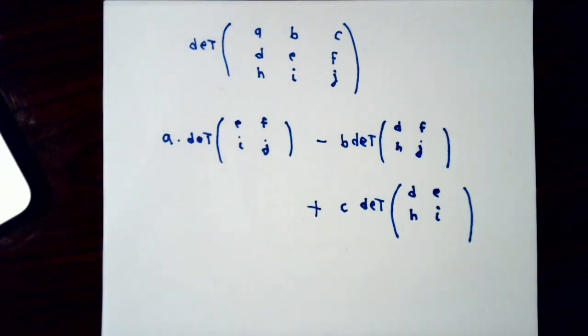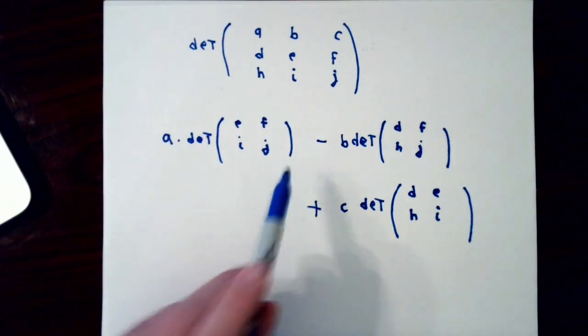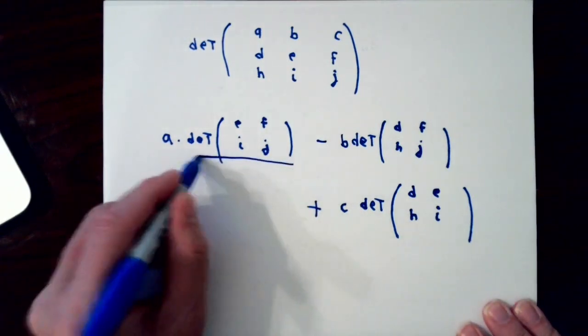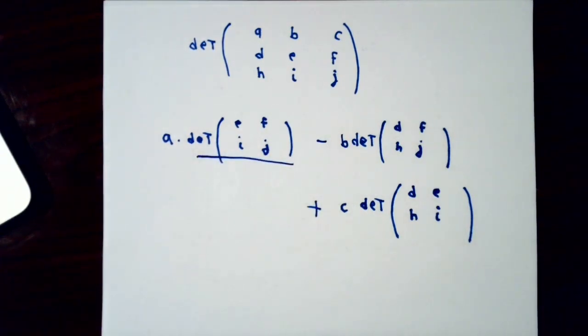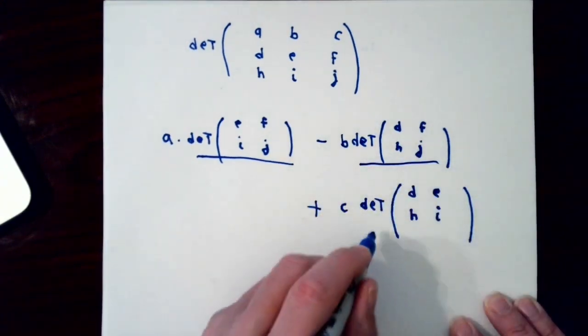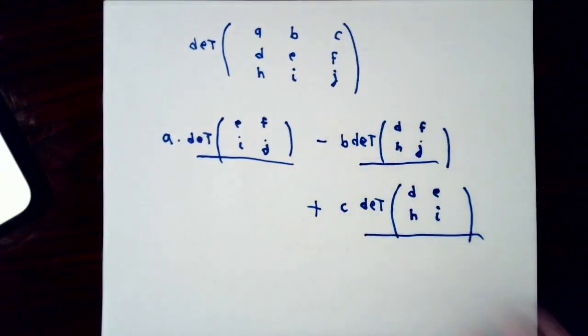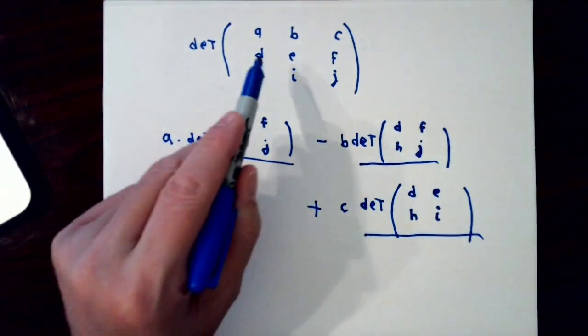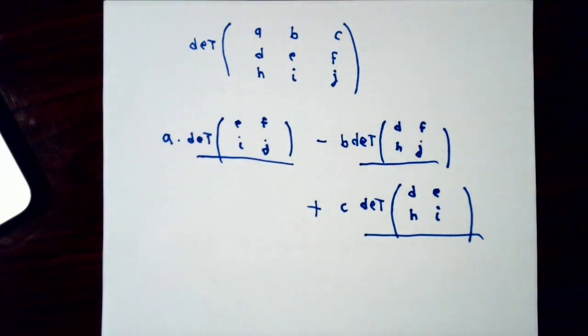Once we've got it down to this, each quantity is a 2 by 2 determinant, which we know how to calculate. So is that and that. So this will reduce our problem of calculating this determinant into the problem of calculating 3 easier determinants.